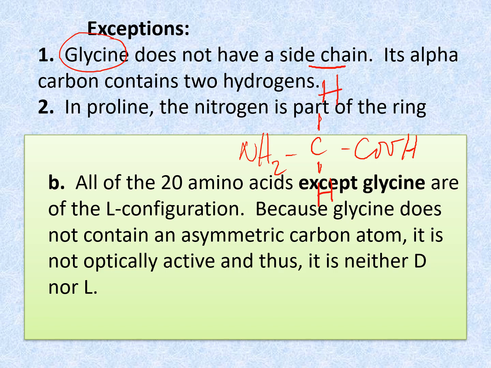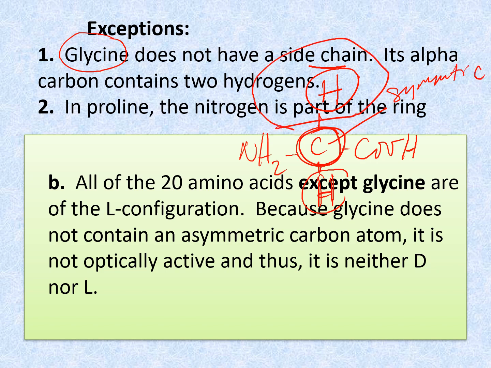So as you can see, the alpha carbon atom is attached to two hydrogen atoms. That makes your alpha carbon atom symmetric. Symmetric because on one part of your carbon atom, there is a hydrogen attached to it, and then on another part of the carbon atom, there is another hydrogen attached to it.